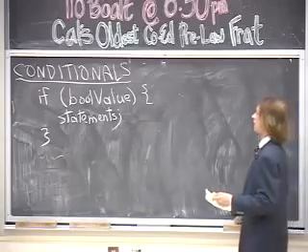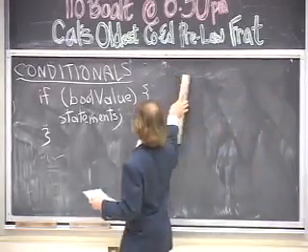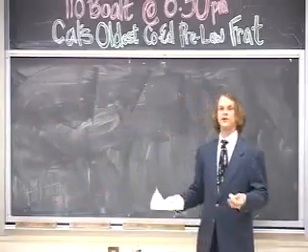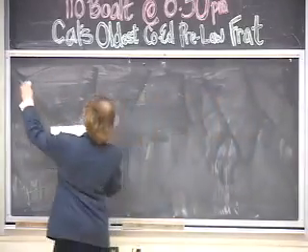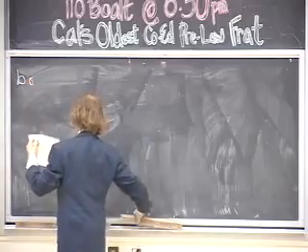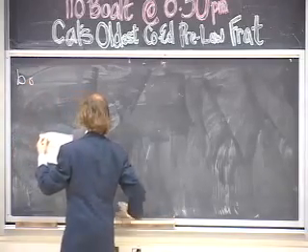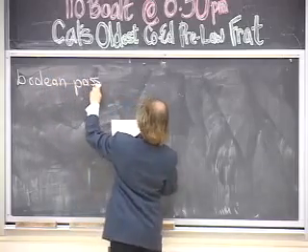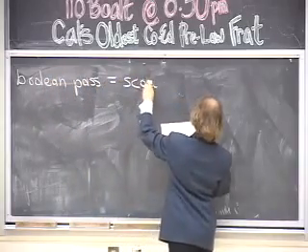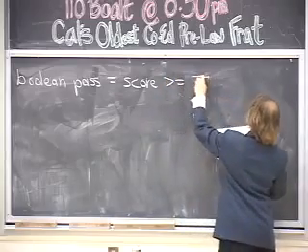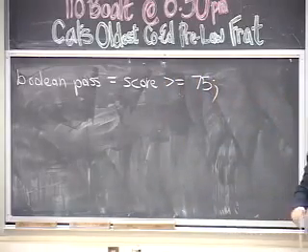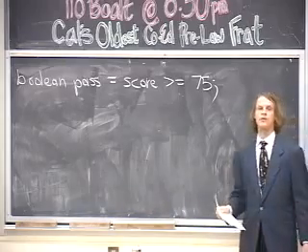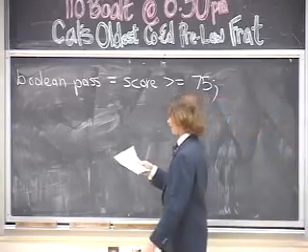So here's a simple Java snippet that uses an if statement. What this does is it takes your score in 61B out of 200 points, and it checks whether it's greater than or equal to the passing threshold of 75.